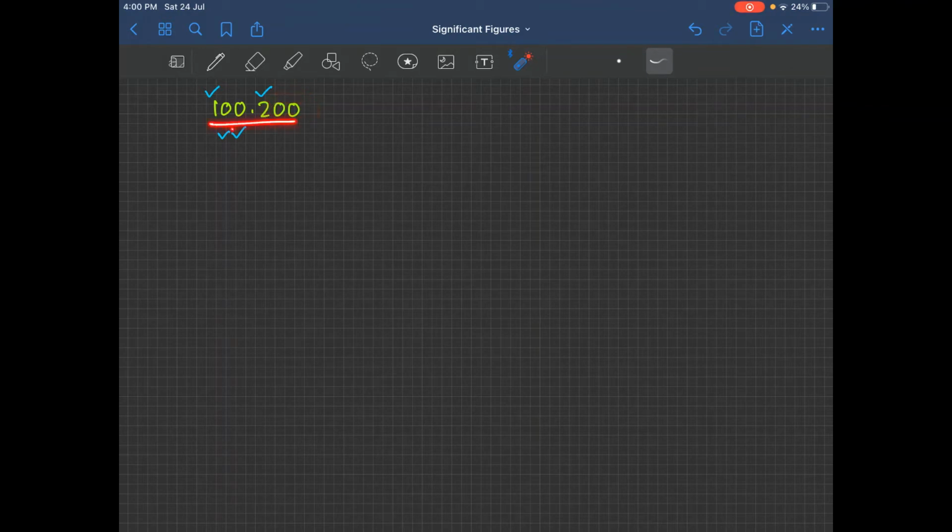Yes, we have a decimal point here, so the extreme right zeros are significant. So in this number all 6 digits are significant.